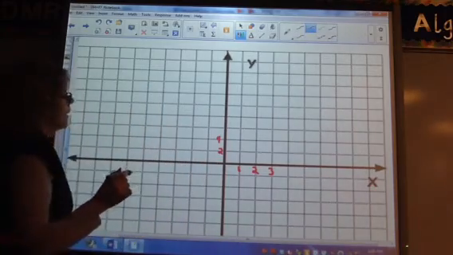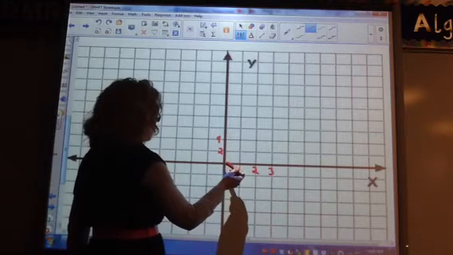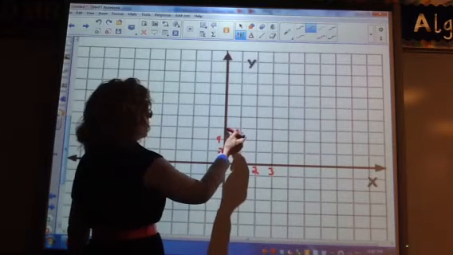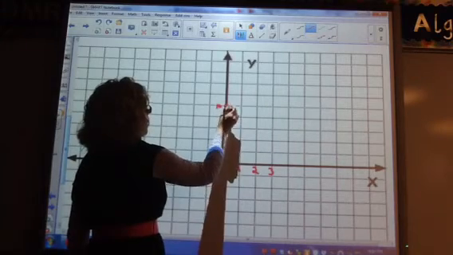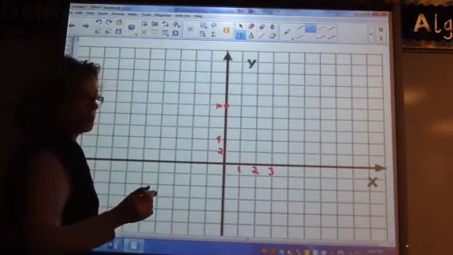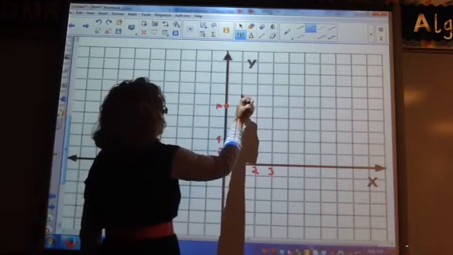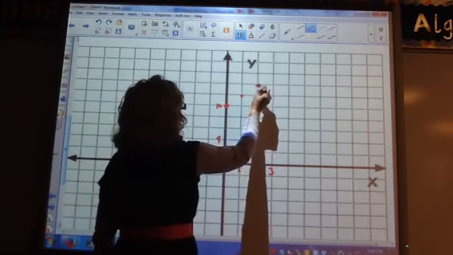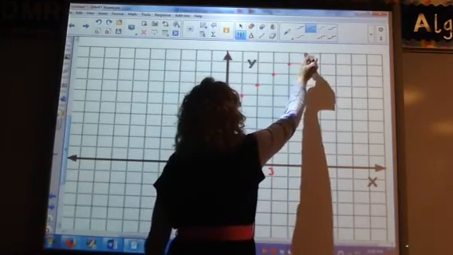Okay, so my first equation, my y-intercept was 10, so I got to go up to 10. 2, 4, 6, 8, 10. This is 10. Make a point. And my slope was 2, all right? So I can go up 2, right 1, up 2, right 1, up 2, right 1.